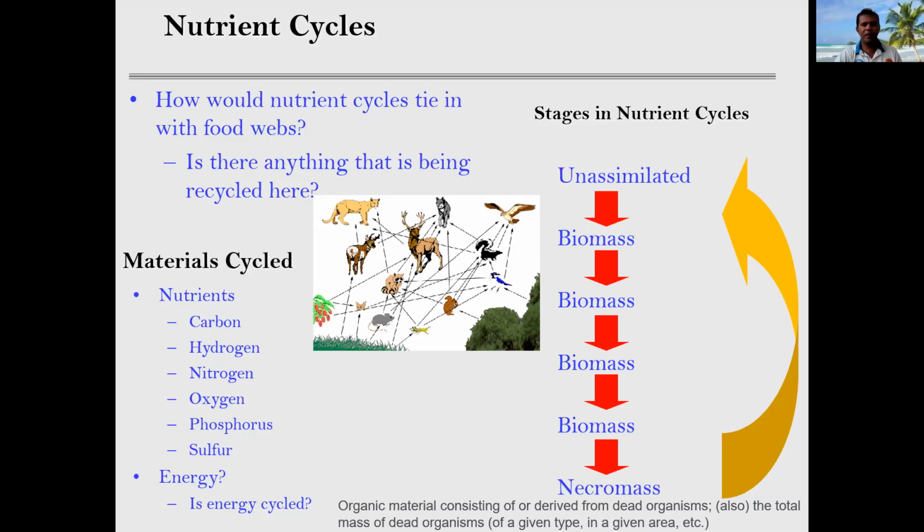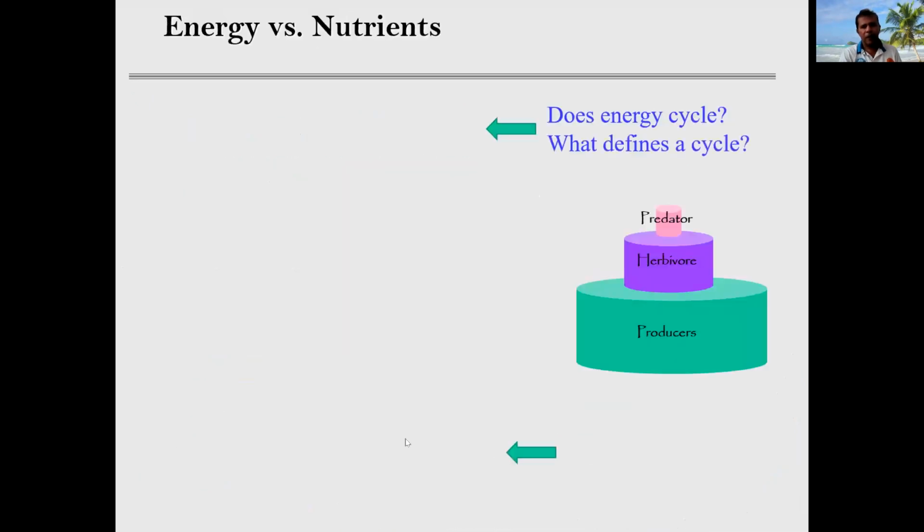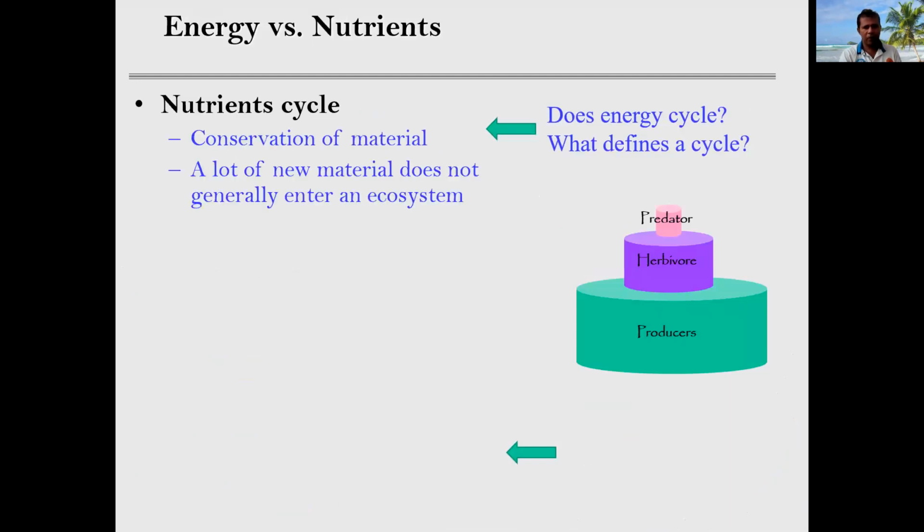But the energy, we get energy from the sun, so it's not really recycled. I don't think I have to go into that detail. You know these things. Energy is not really recycled, but we are getting it from the sun. But nutrients do recycle.